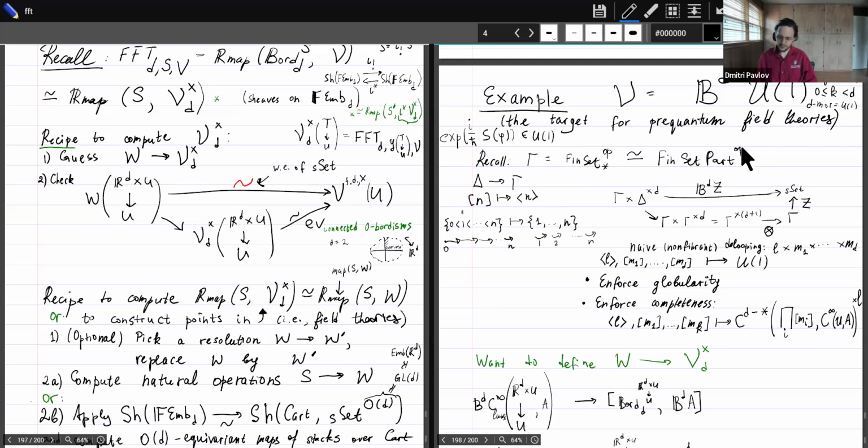So let me use just finite sets and partially defined maps as my model. Then you assign it to a finite set, which is just a set of arrows, n arrows in this chain.